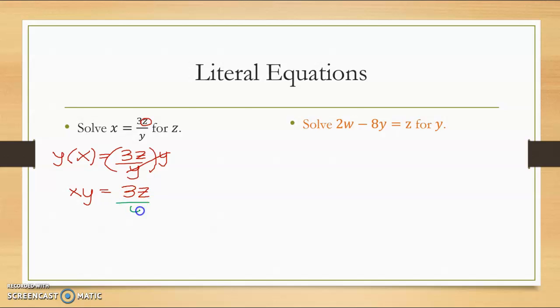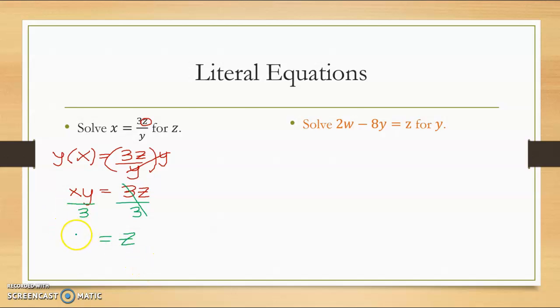So now we're going to undo that multiplication with division. So we're going to divide both sides by 3. So let's start on the right-hand side because that's where we were trying to isolate z. 3 divided by 3 is going to cancel out, so we're left with just z.